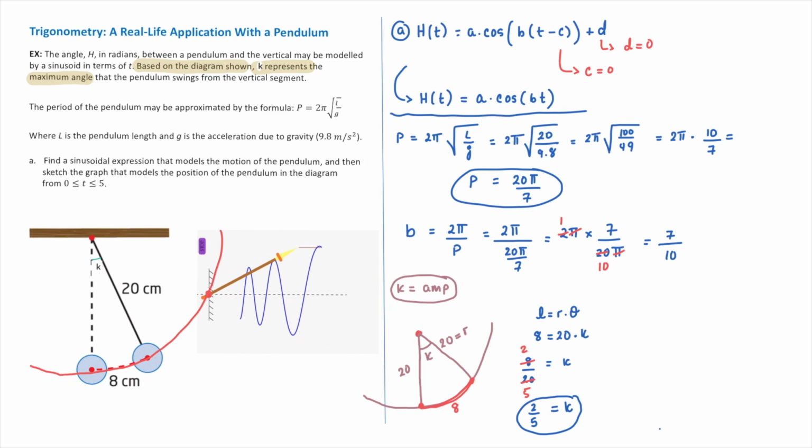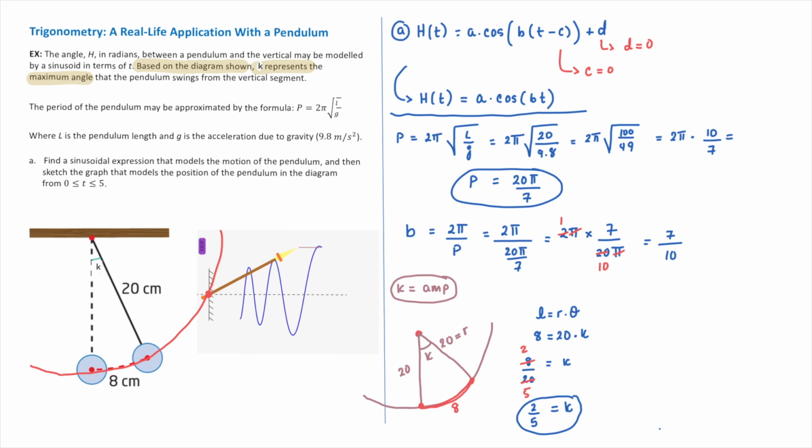So we are starting exactly at time equals 0. We are starting at the maximum. And this is how the parent function cosine behaves. Parent function cosine at 0 is at a maximum. That means that no reflection is needed, which means that A will be identical to K, to the amplitude.